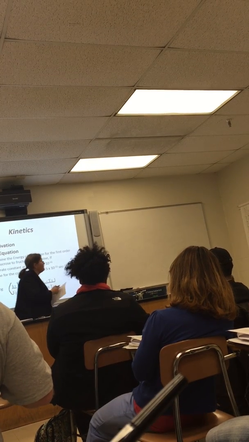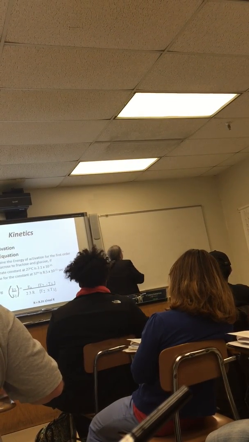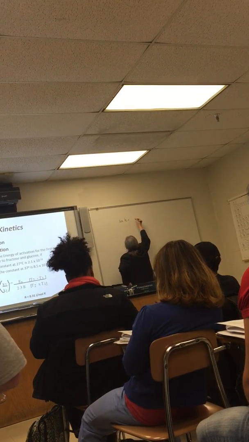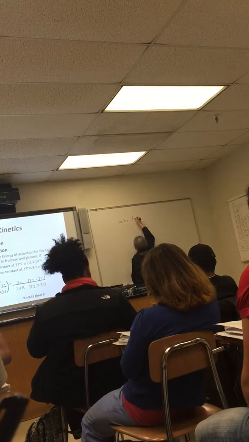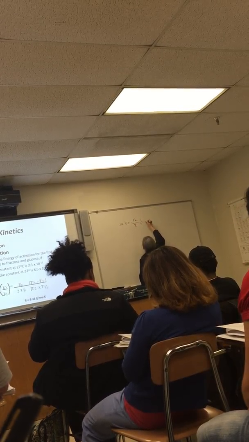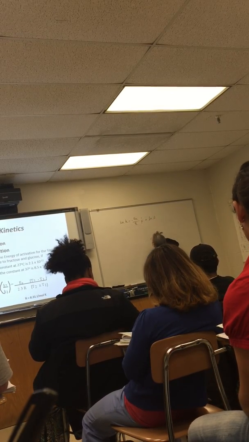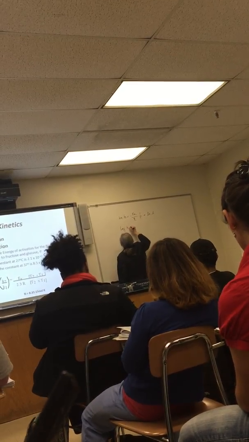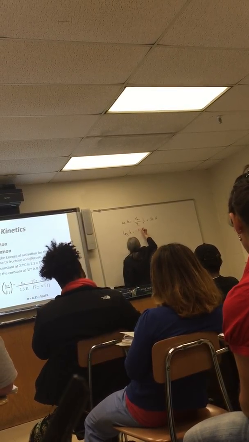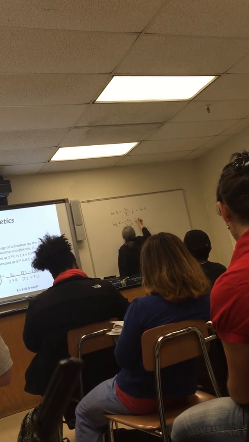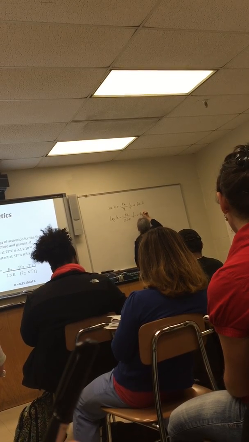So, we know that if we take the Arrhenius equation, which can be written as ln of K equals minus E sub A over R times 1 over T plus ln of A, or in base 10, log of K equals minus E sub A over 2.3R times 1 over T plus log of A.